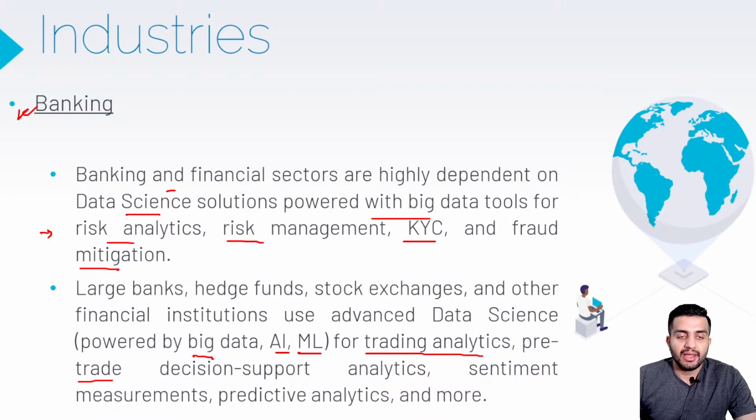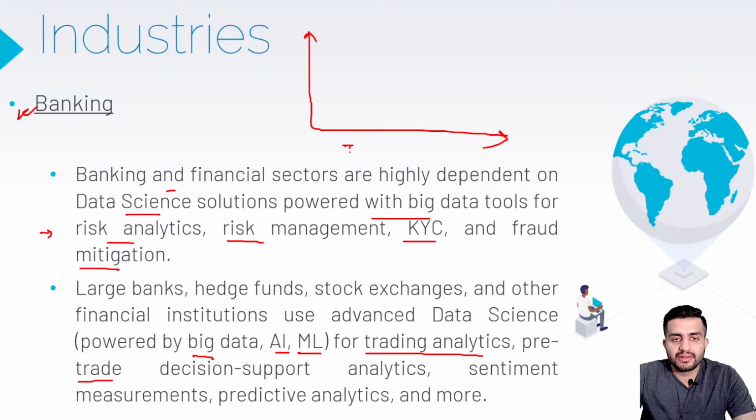So for example, if you would have seen a graph, something like this. Then we have the stock prices. Suppose the stock started from 0 and then we have a certain trend and then something like this.